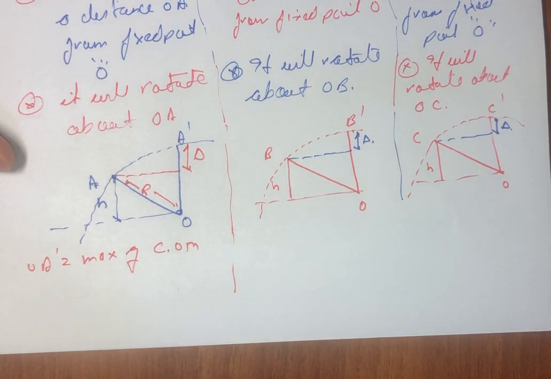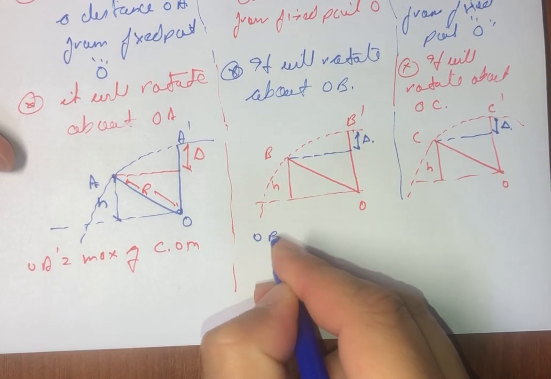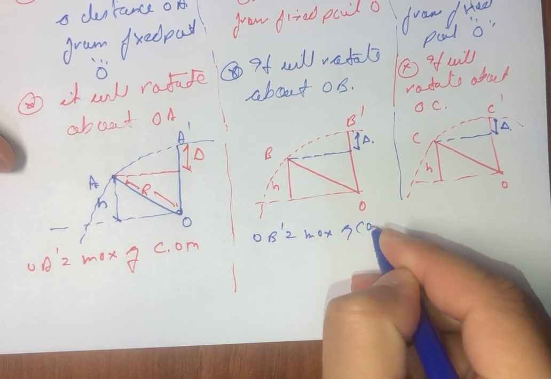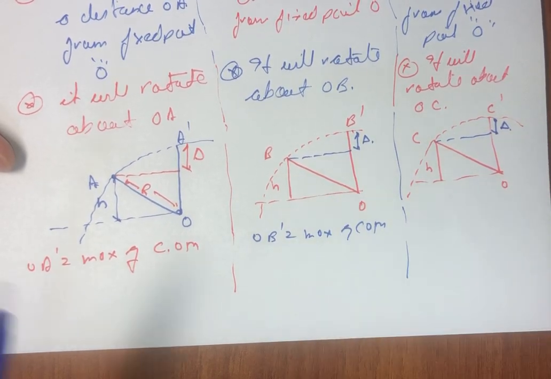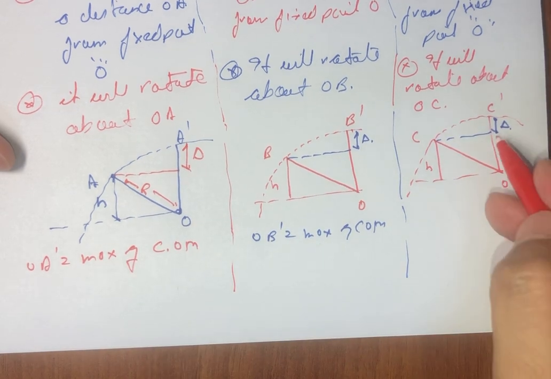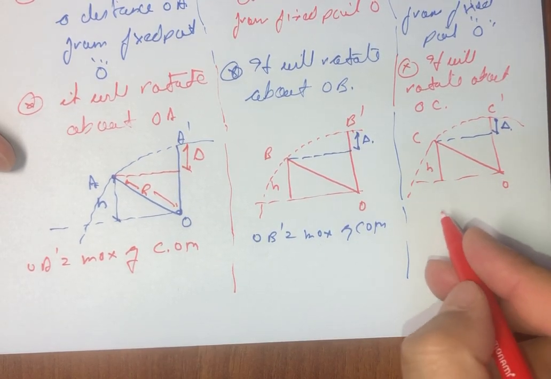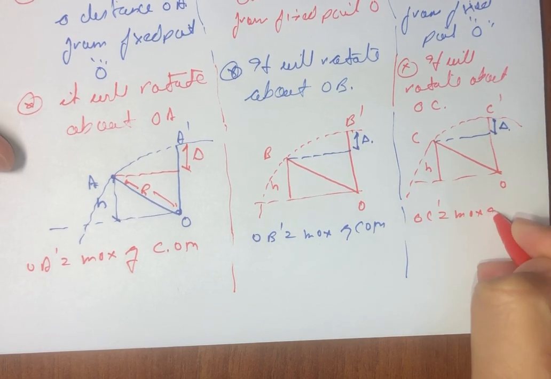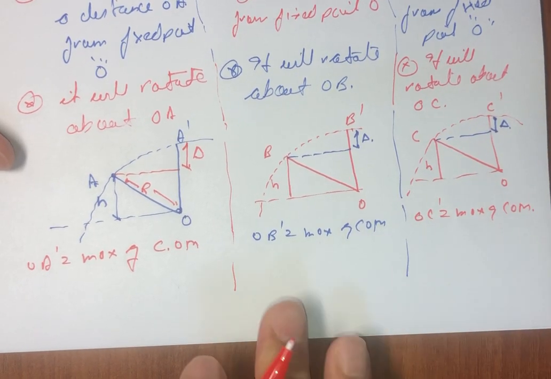In this case, OB prime is the maximum height of center of mass, and in the final case, in case of pentagon, OC prime is also the maximum height of center of mass.